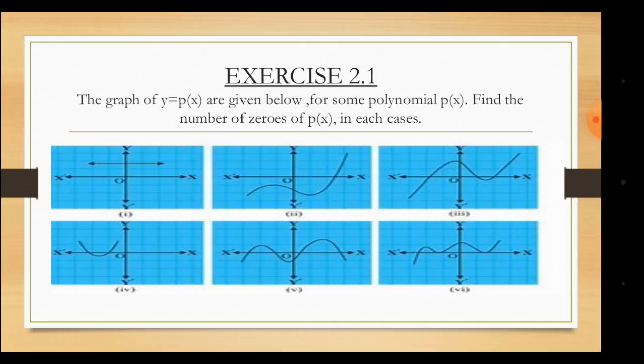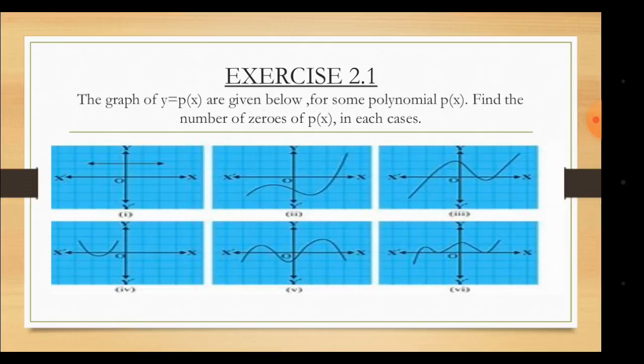Now in the second graph, the curve intersects the x-axis at only one point, so obviously it has 1 zero. In the third one, the graph intersects the x-axis at 3 points, so it has 3 zeros. Now observe the fourth graph. It cuts the x-axis at how many points? 2 points.